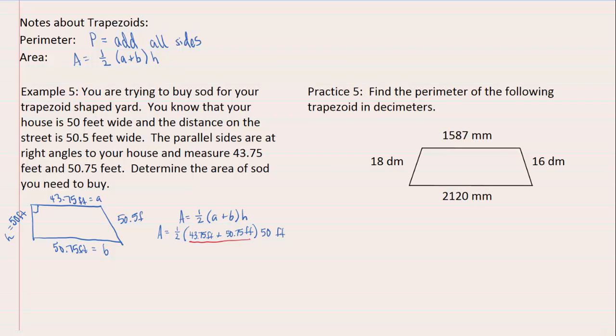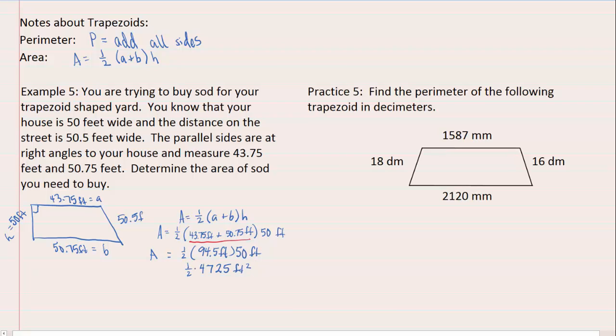When we add these two sides together, we will get a value of 94.5 feet. Now we will bring everything else down into this portion of the problem. Now we need to do 94.5 feet times 50 feet. And when we do 94.5 feet times 50 feet, we get 4,725 feet. And when we do feet times feet, we get feet squared.